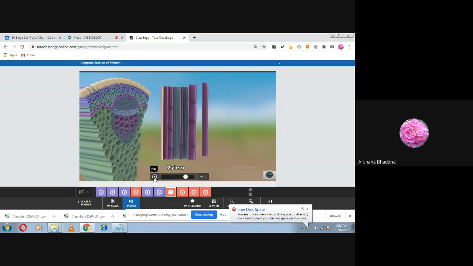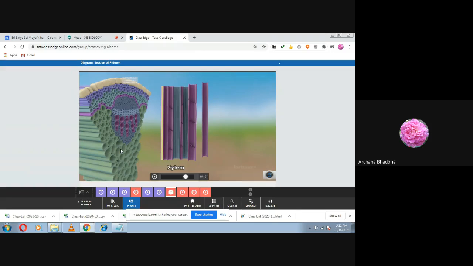Lumen means this cavity. Is it clear to everyone now? Sayuja, you got it now? Yes, ma'am. Okay, if the cell is living, it will not have the empty cavity or the lumen, so transport of food or water will not be done.